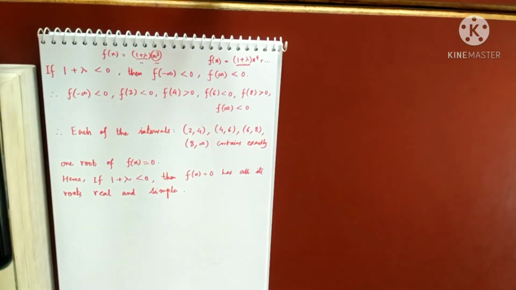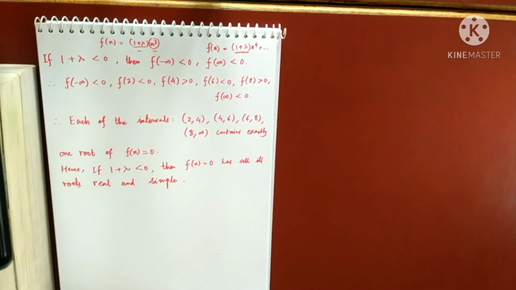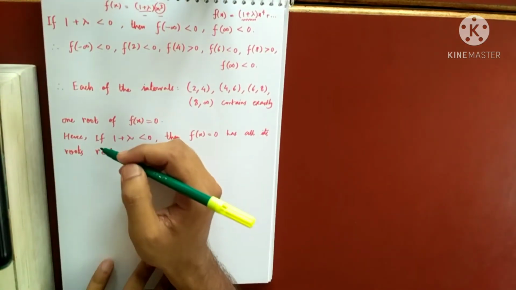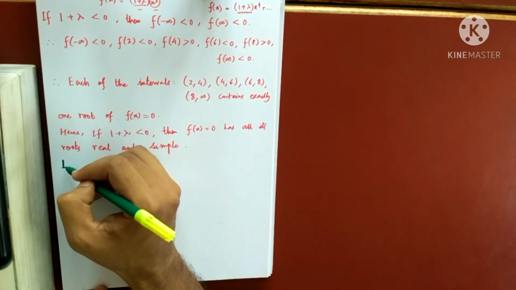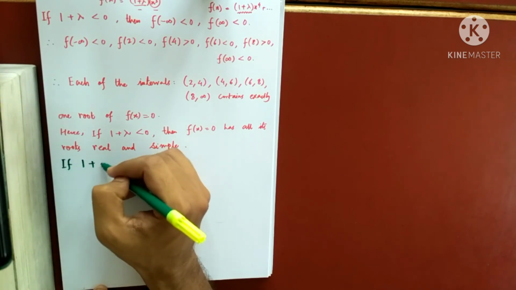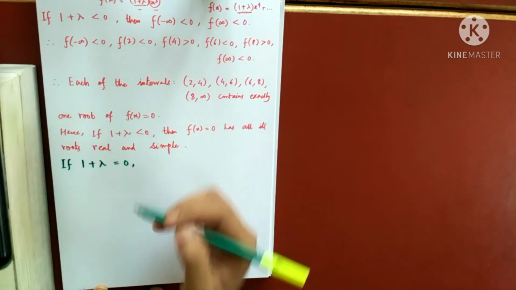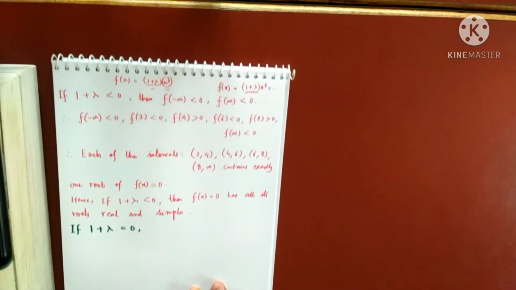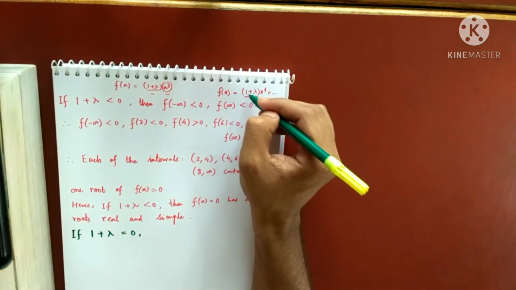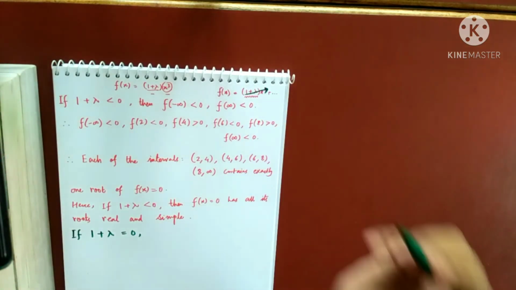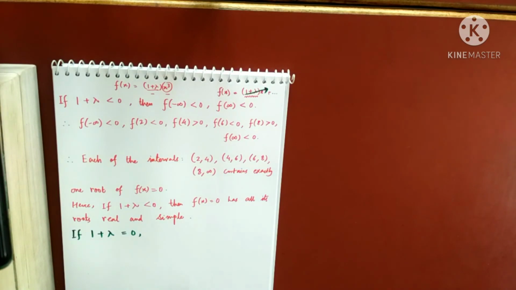So I considered the case when 1 plus lambda is positive and 1 plus lambda is negative, but it can be 0 as well. So I have to consider that too. If 1 plus lambda is 0, you understand my point. In that case, this x to the power 4 will not be there, because that means there is no x to the power 4 in my equation.